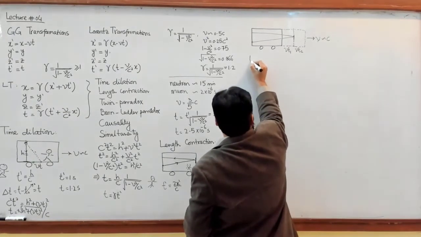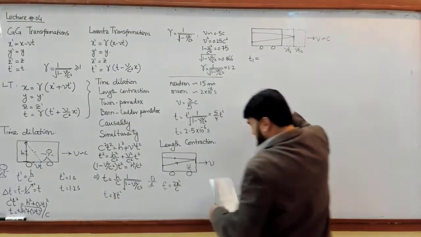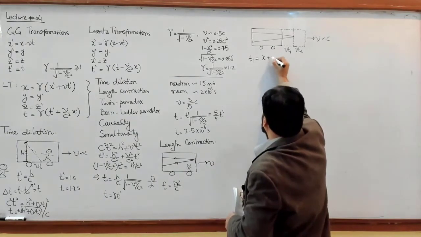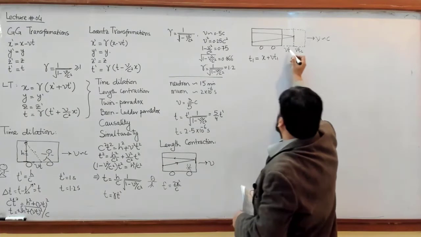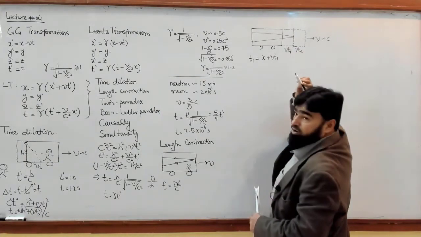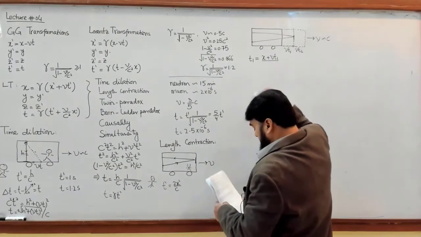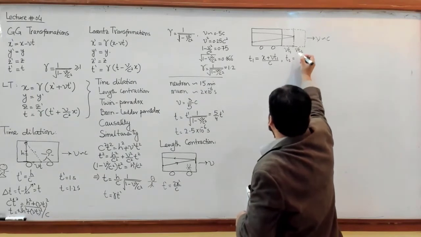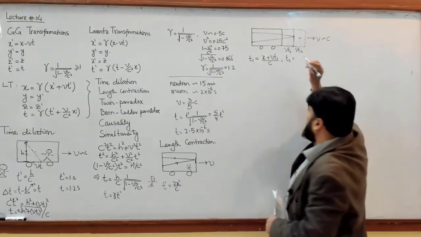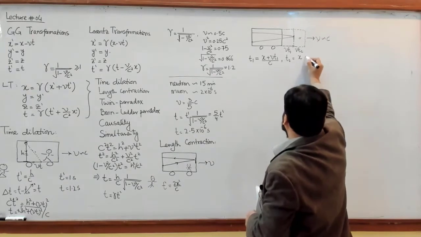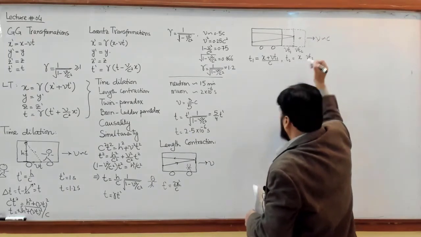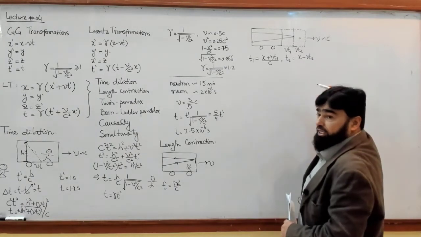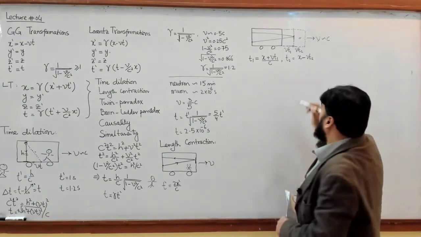What will t1 be? The instant of time t1 will be (x plus vt1) divided by c, because the light has gone this much distance along this direction. While t2, the time in this interval, will be (x minus vt2) divided by c, with a minus sign because now the light is going against the direction of motion.